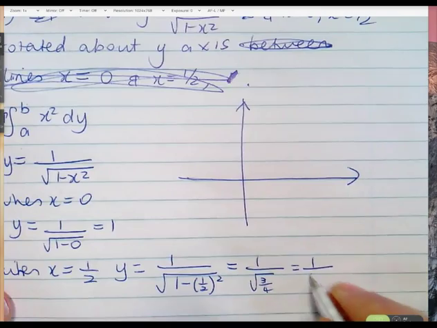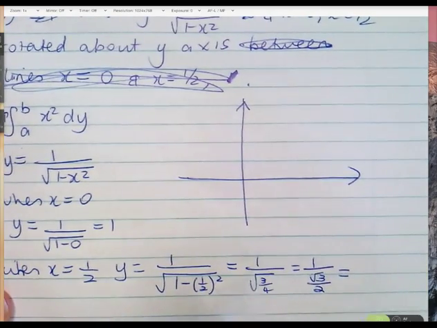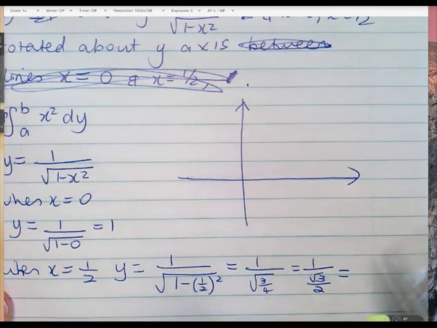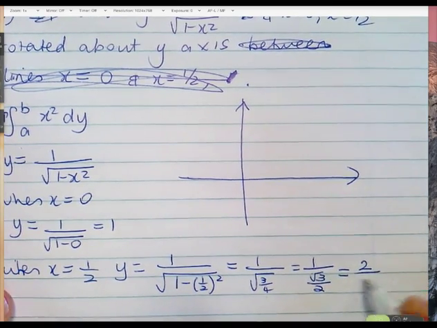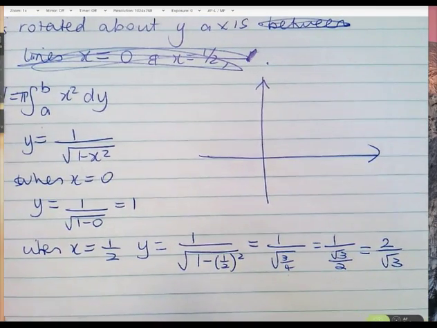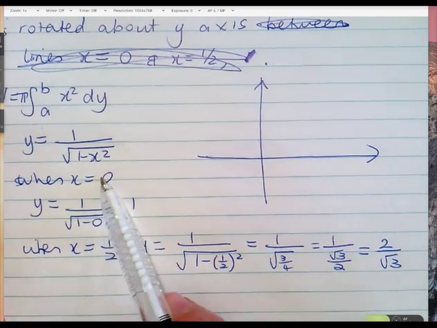That's right, it's 1 over the square root of 3 divided by 2, because it's 1 divided by the square root of 1 minus a quarter, which is 3/4. Square root of 3/4 is square root of 3 over square root of 4, which is 2. So it's 2 over root 3. So that's your b and a. And it doesn't matter which one's bigger and which one's smaller.